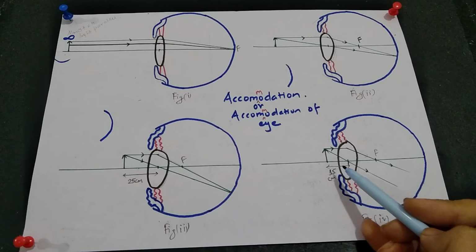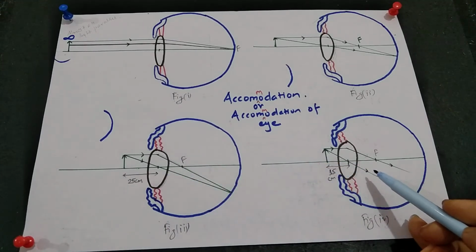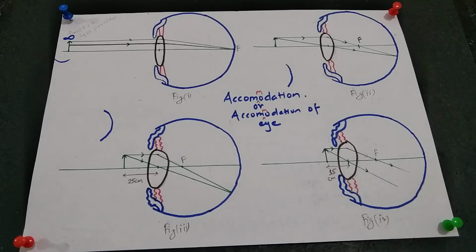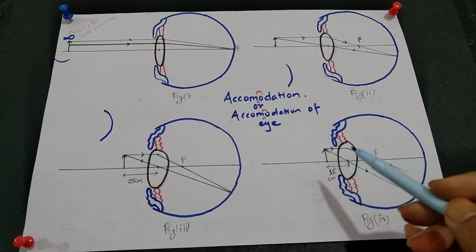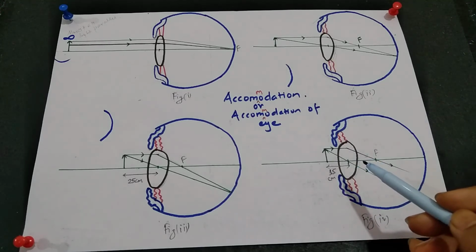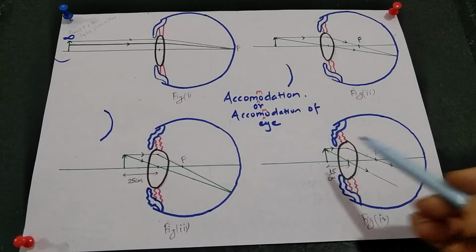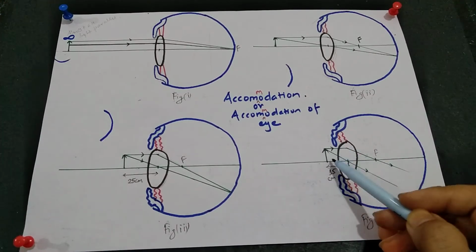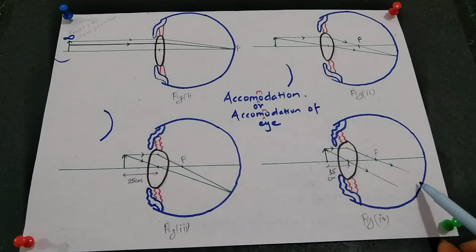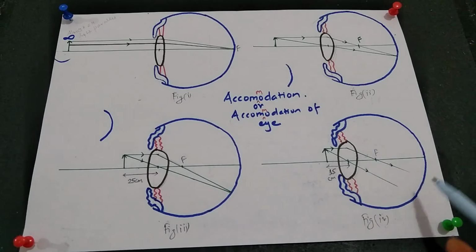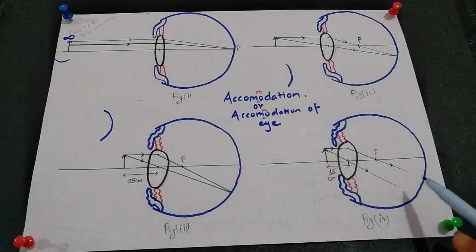Here the object is 15 cm away, but the focal length is the same. Why is it happening? Because this lens has a compression limit. The two light rays emerging from this object after refraction do not meet at the retina to get a clear image of the object. So the image is blurred in this case.